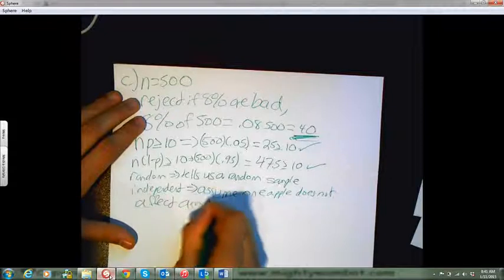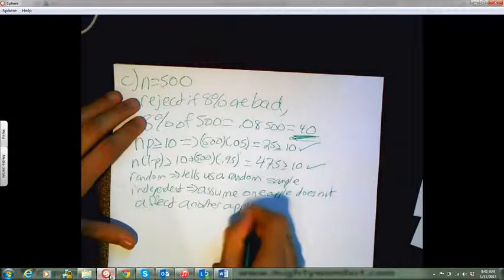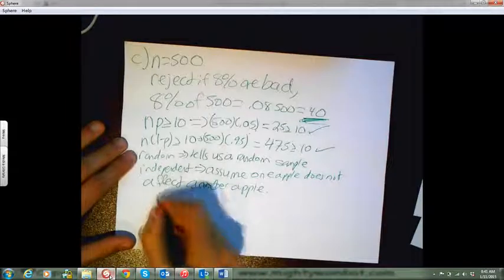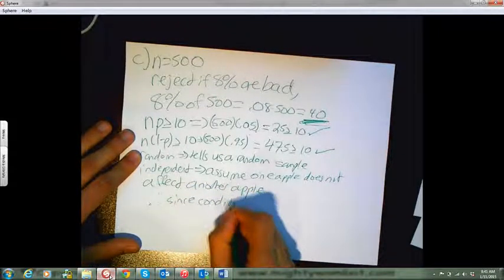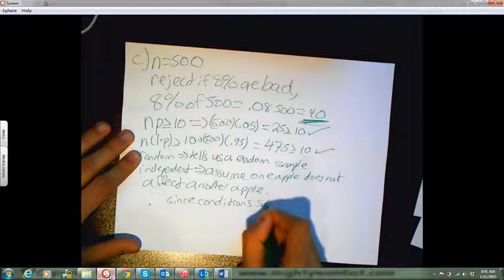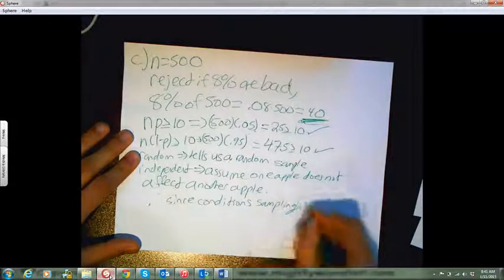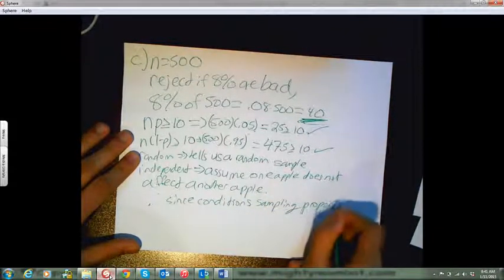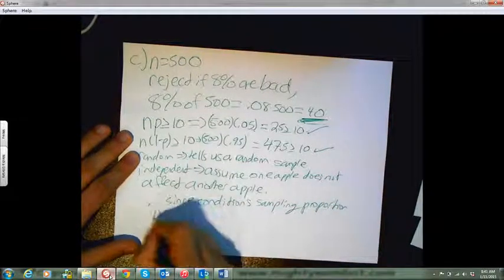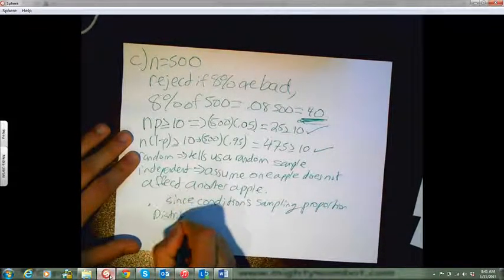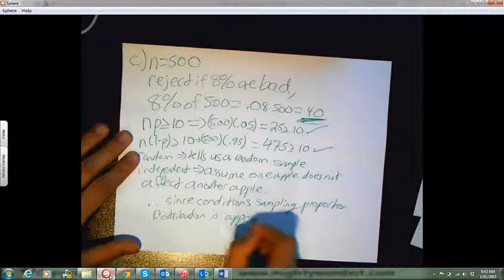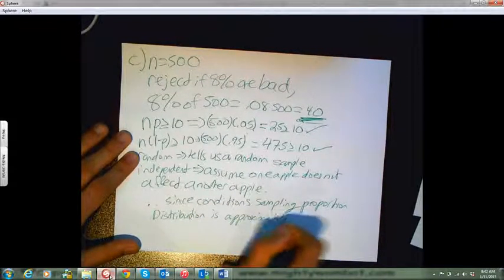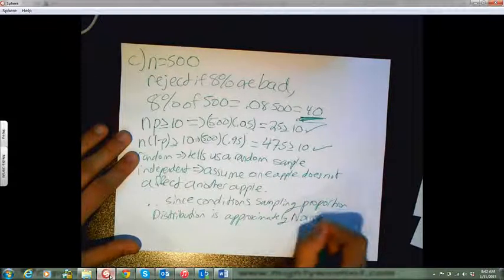So therefore, since conditions are met, the sampling proportion distribution is approximately normal.